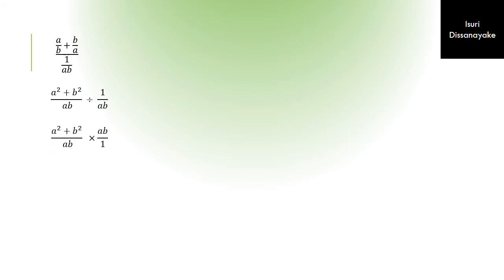So a squared plus b squared over ab, division becomes multiplication. Next, the reciprocal. So ab cancels off with ab. So your answer is a squared plus b squared.